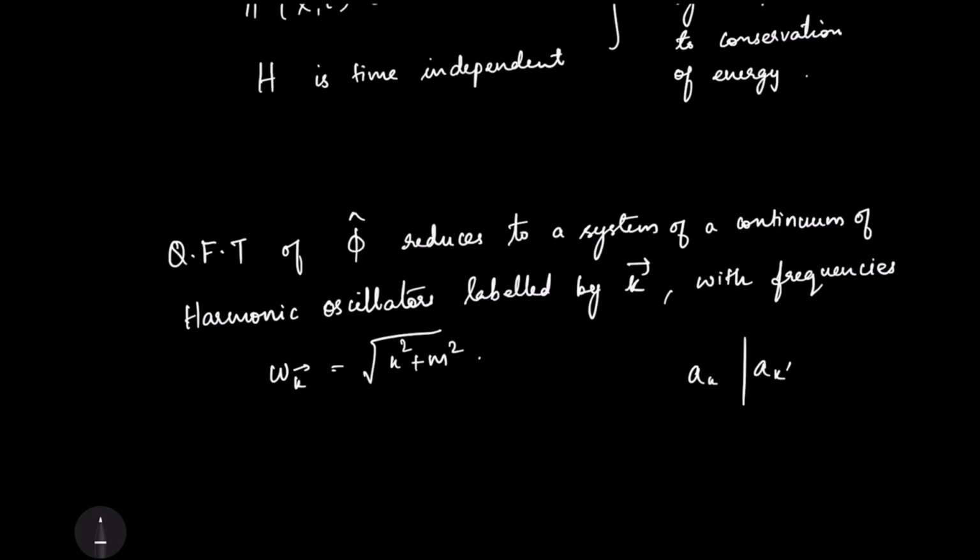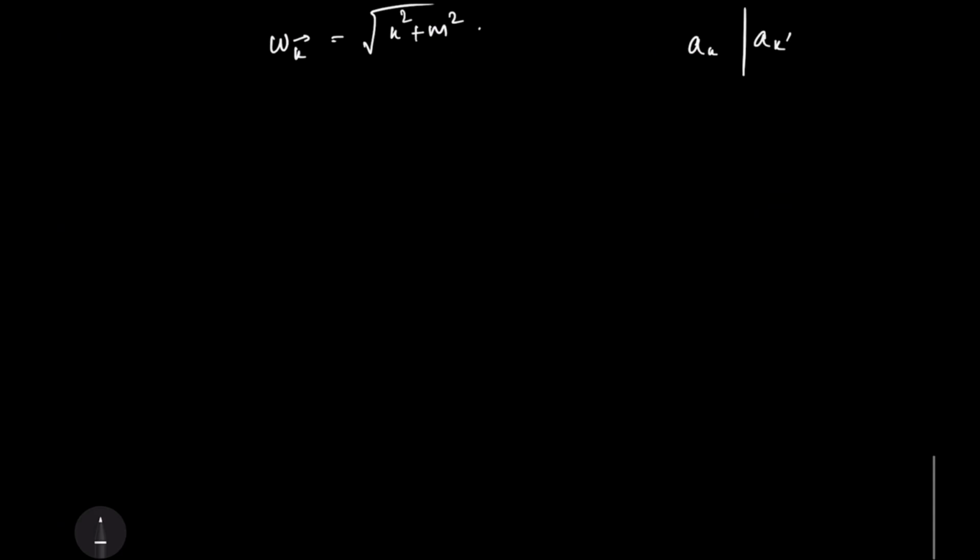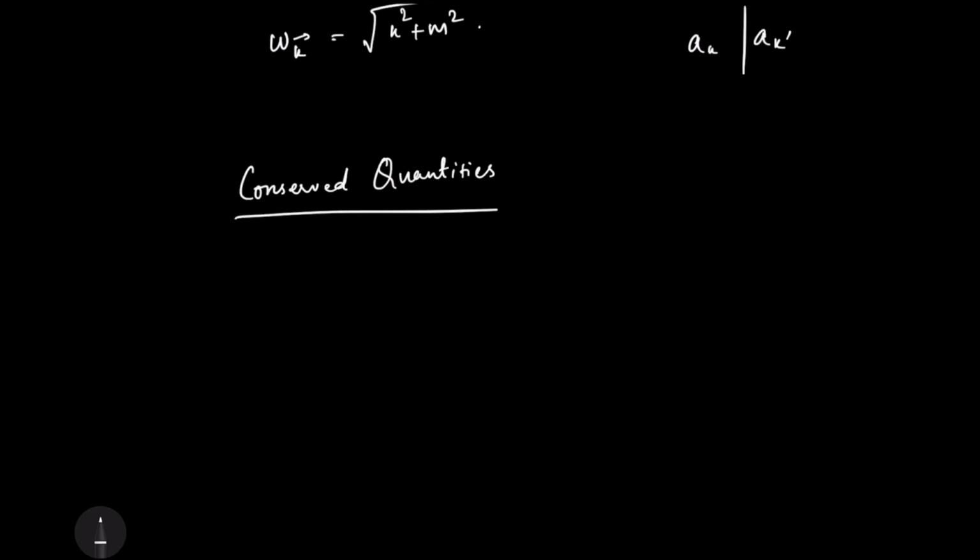Right. So what are the other conserved quantities that are there in this system? We have seen that the Hamiltonian is conserved, or the total energy is conserved. Other conserved quantities: in spatial translations, momentum is conserved, which has the following Noether charge associated with the conserved quantity.